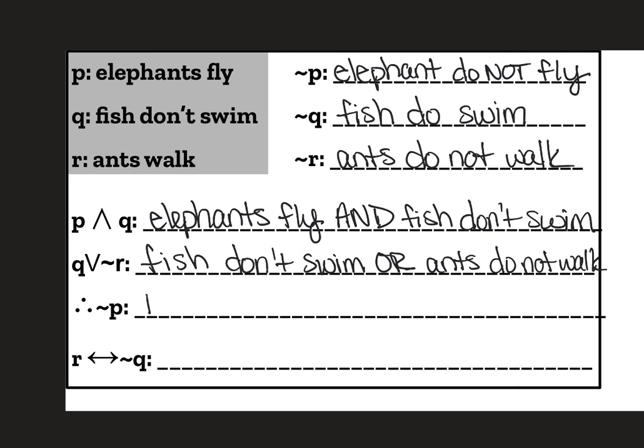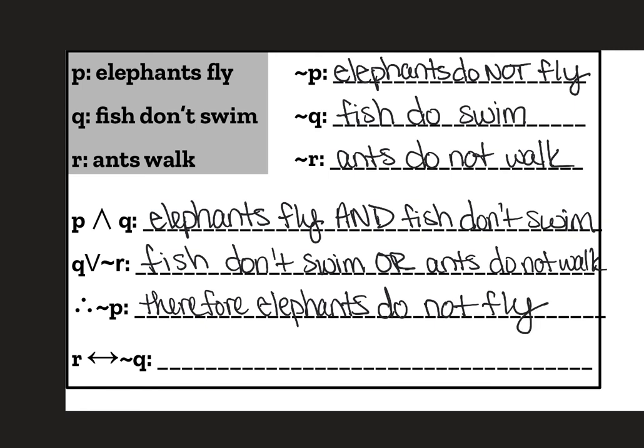Our third example, we have therefore elephants, sorry, should have had an S there, do not fly. And lastly, I know this is my if and only if symbol.